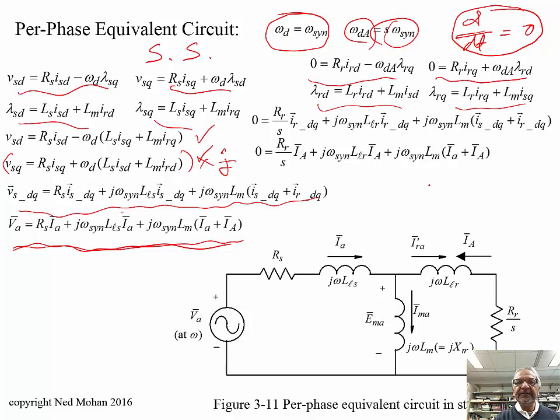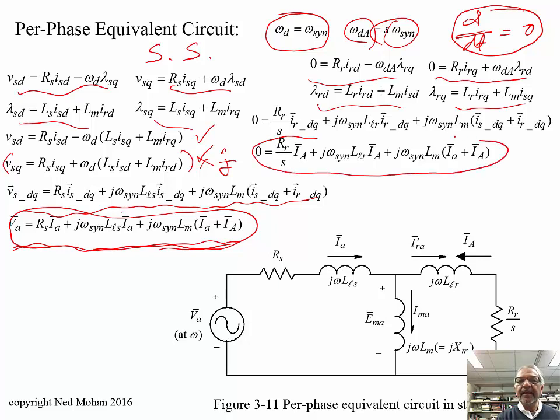And then these 2 equations that we have, so let's look at the last one over here, which we get for the stator, and this one here for the rotor. And these 2 can be simultaneously satisfied if we have this per phase equivalent circuit as shown here.